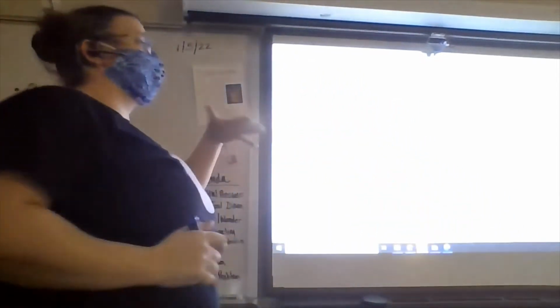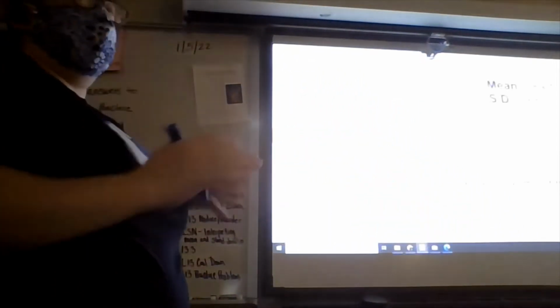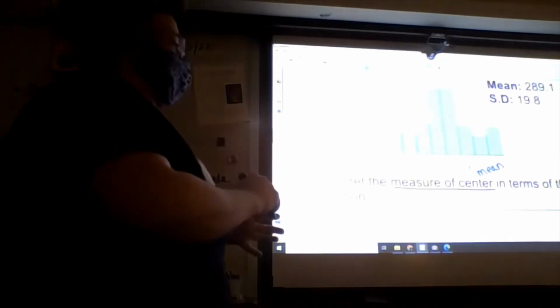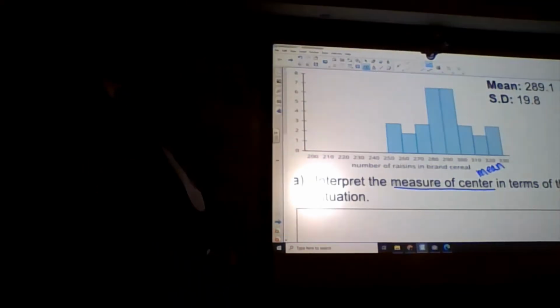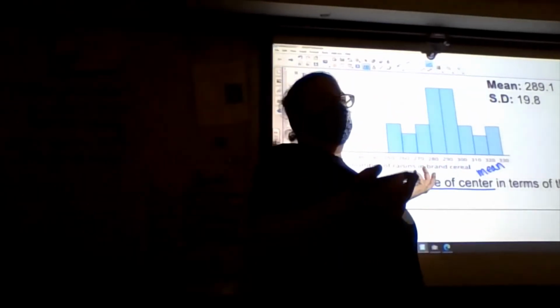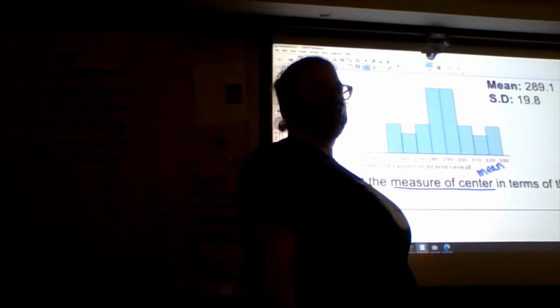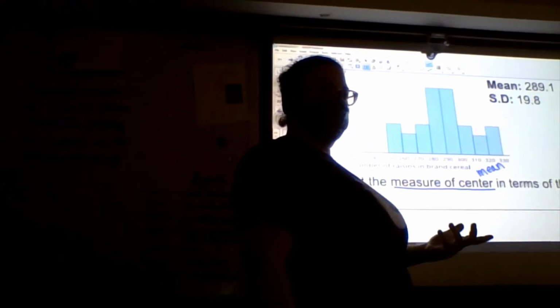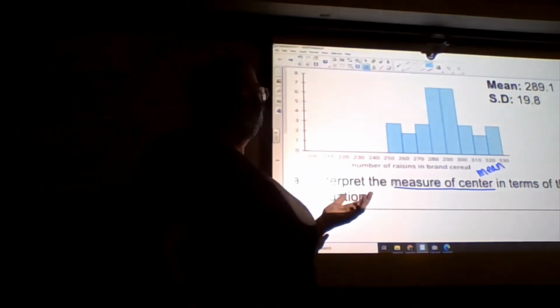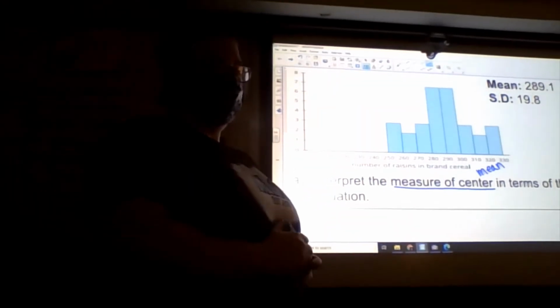So what does that 289.1 mean about this cereal box and the raisins? We want to write a sentence about what it means because it says interpret it in the situation. So 289 what? What do we think that number represents? Yeah, number of raisins. And so if it's a mean, what does a mean calculate? The average.